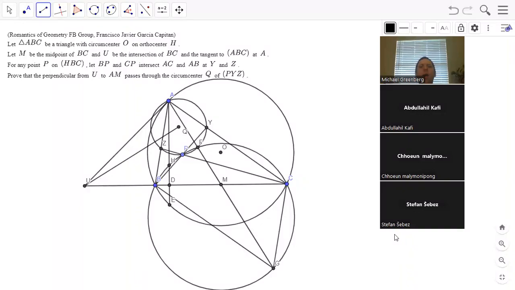If you define F as the intersection of AM and HBC, that's how it goes. F is the intersection of these, and then it's just an angle chase. So AFP.